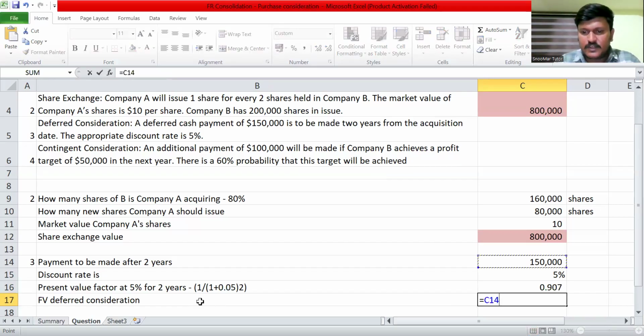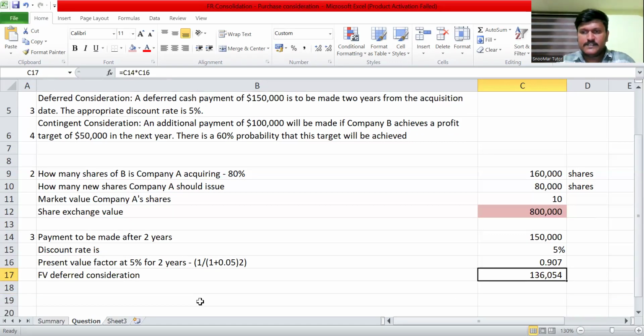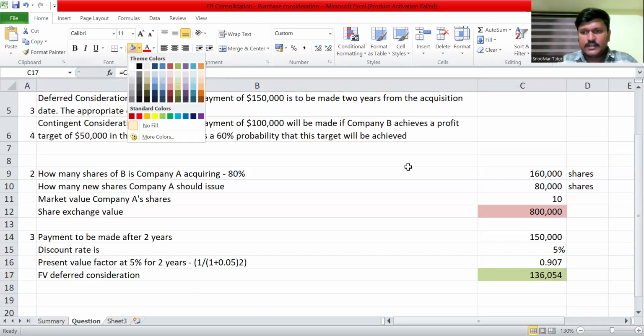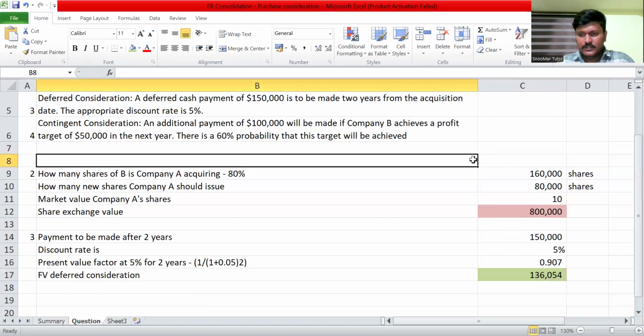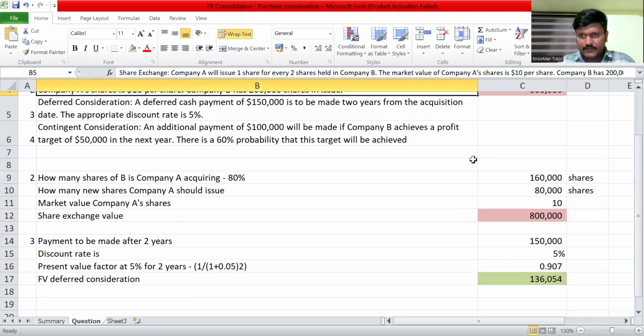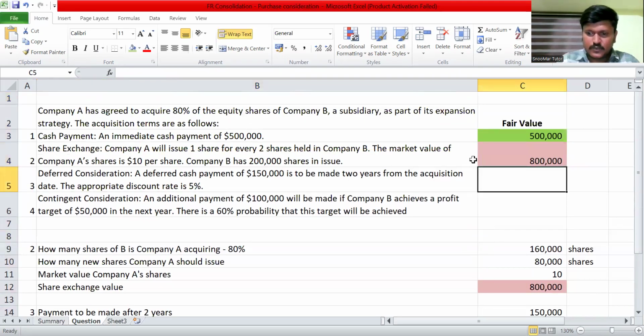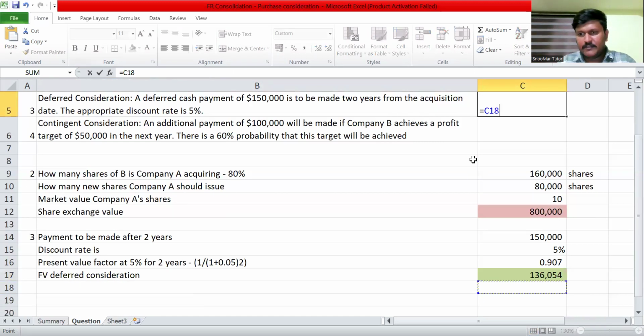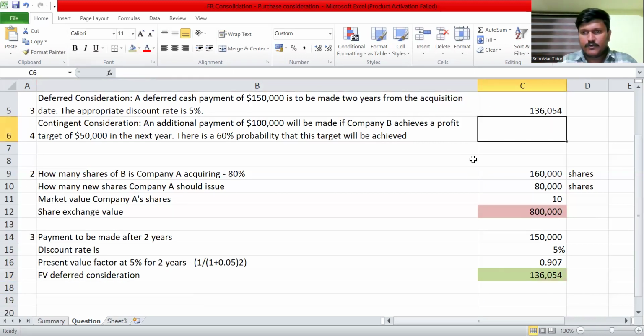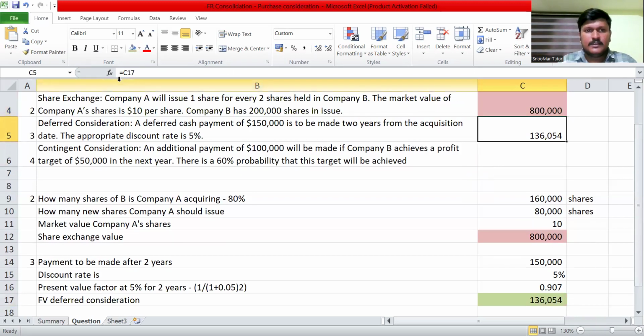So 150,000 multiplied by 0.907, you will get 136,054, which is your value for the deferred consideration. So the discounted value is 136,054. Okay, now 136,054 will be noted.